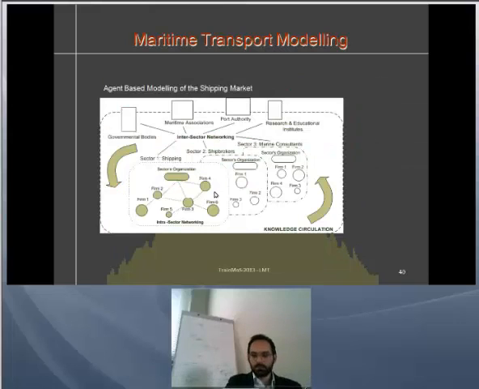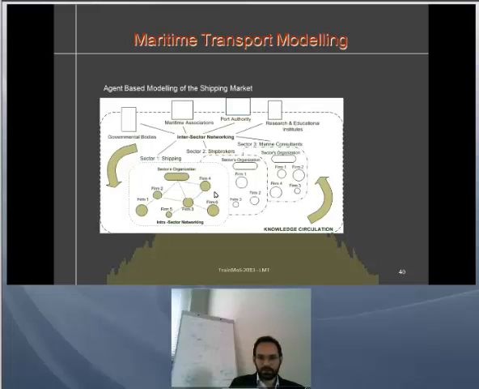Now I think we're near the end of the presentation, and this is regarding the modeling of maritime transport. This is another approach of modeling. It's called the agent-based modeling of the shipping market. You can see that we have different sectors within the maritime network that we described in the beginning.